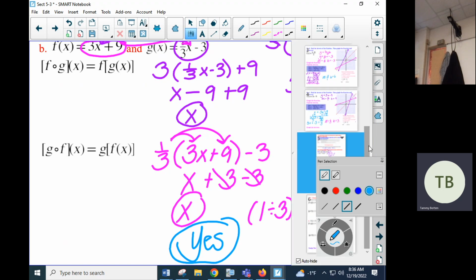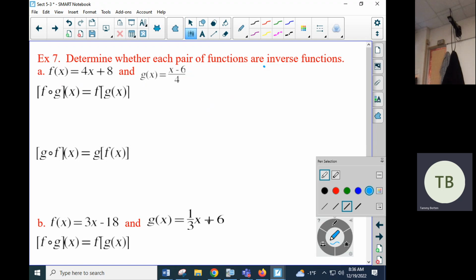So now if we go to our last page here, if we look at this one, again we have to put our g of x into our f of x. So we're going to take this and put it into x there. So we have 4 times, and we're going to put this whole thing in parentheses, and then we still have the plus 8.